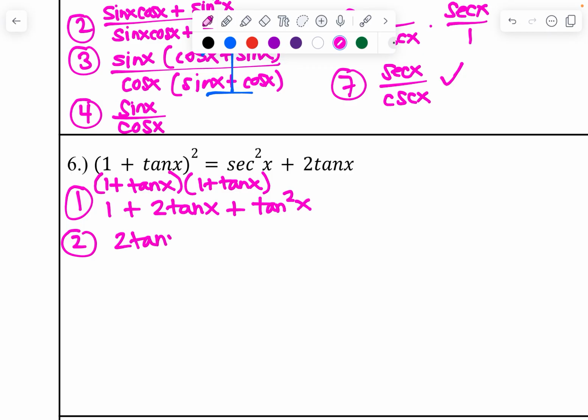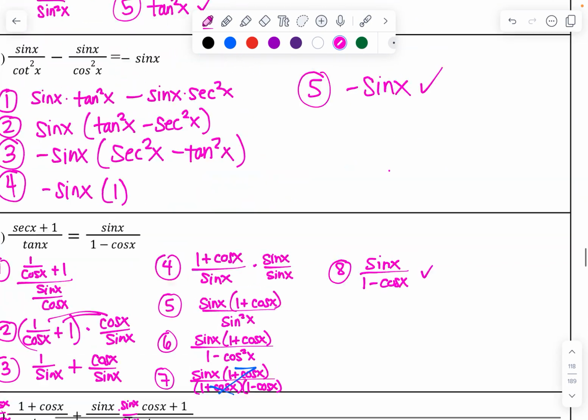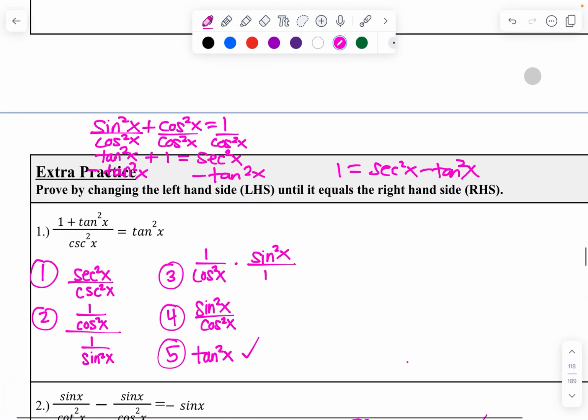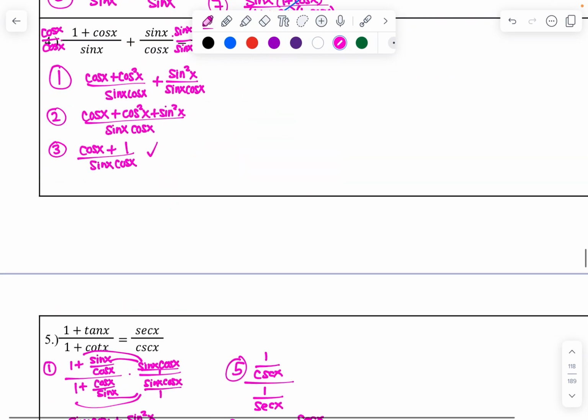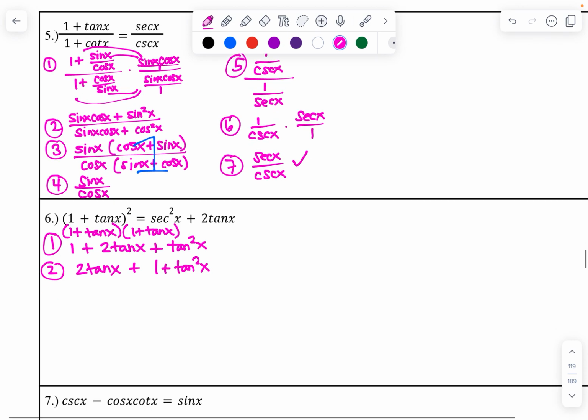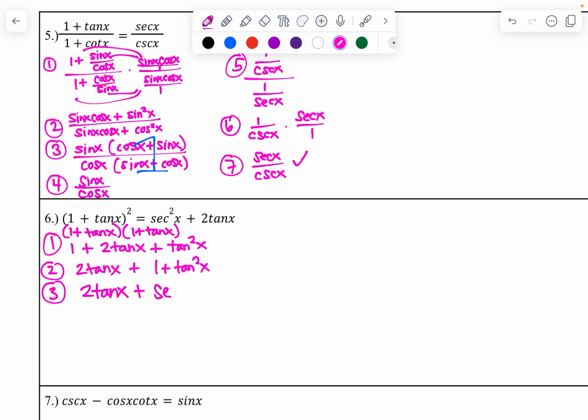Let's write it 2 tangent of x plus 1 plus tangent squared of x, because remember those Pythagorean identities. We know that 1 plus tangent squared of x equals secant squared of x. So we can replace it and say 2 times the tangent of x plus secant squared of x, which is what they asked us to prove it as, just written backwards. But again, addition's commutative.